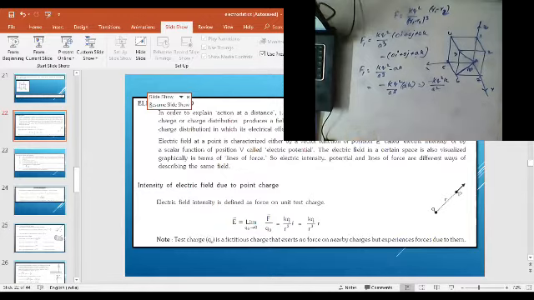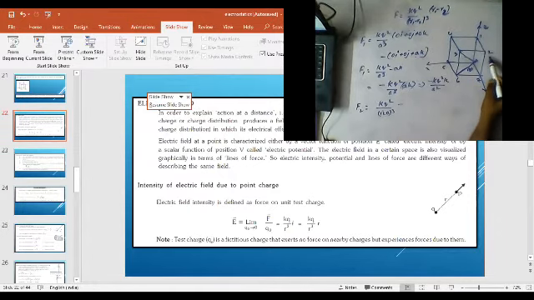Similarly, F2 we get as KQ squared by, for the second one, root 2 a cube, into the value we just obtained.